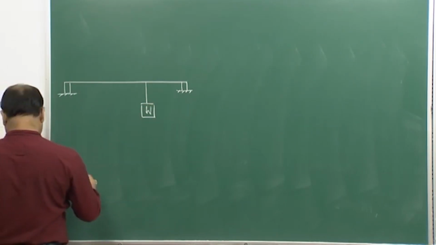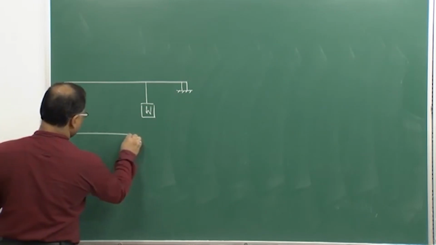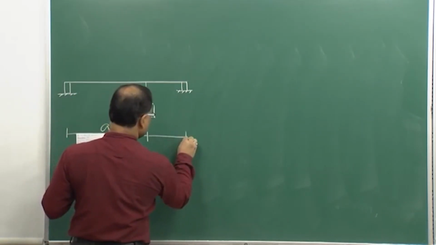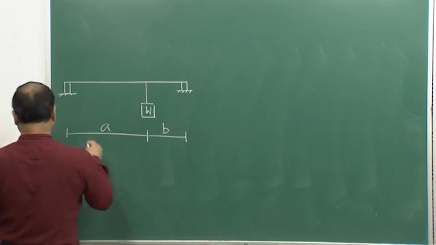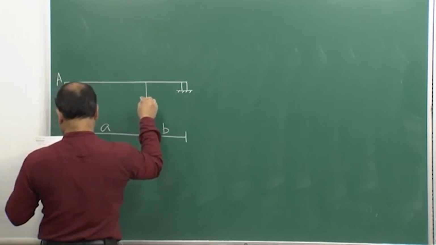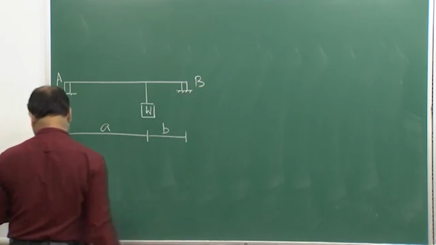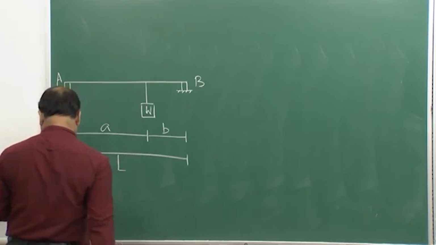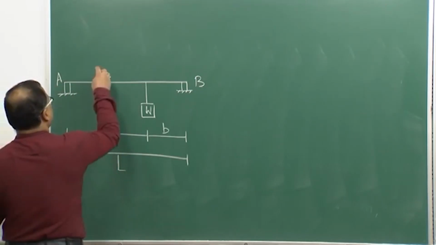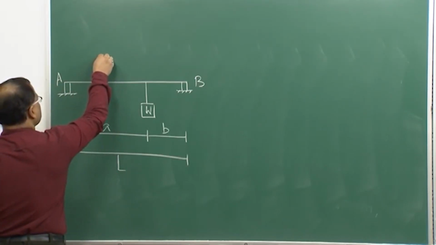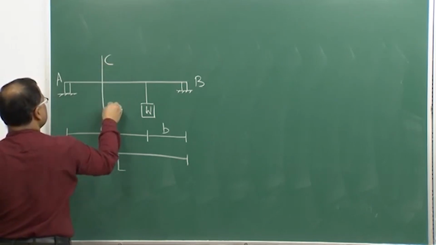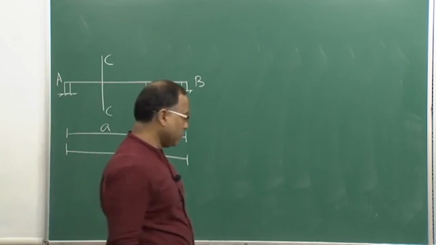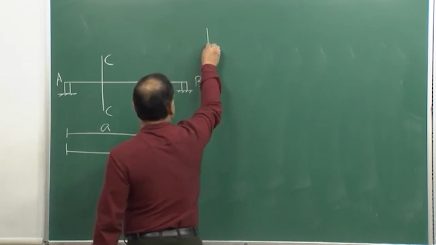The distance from this support to the load is A, from the load to the other support is B, and the total length of the beam is L. Now, I am taking one section CC at this location, which I will come to later. So, this is the problem.